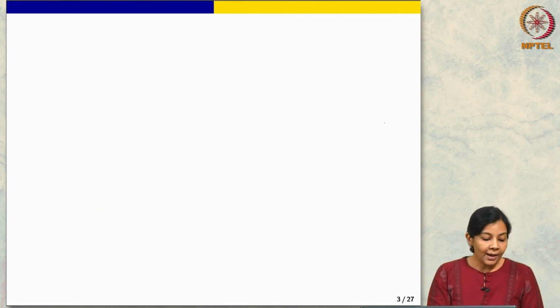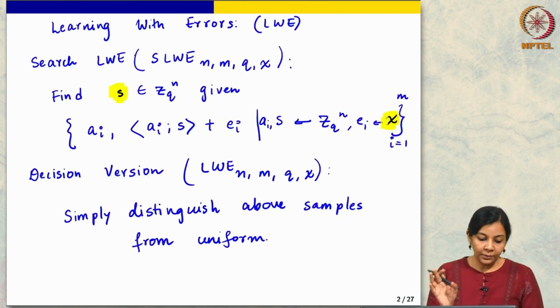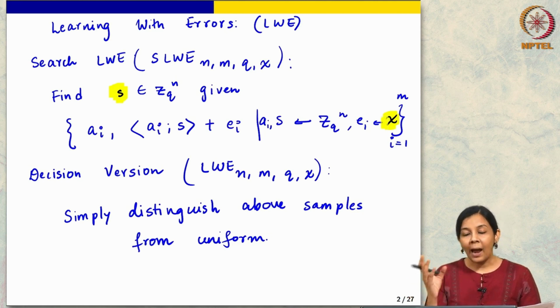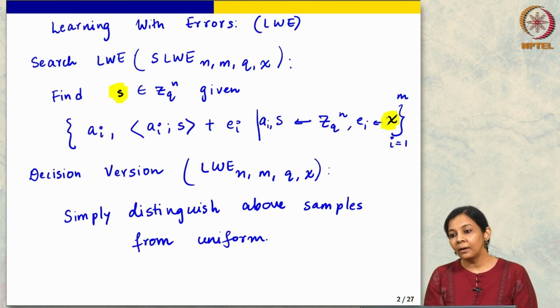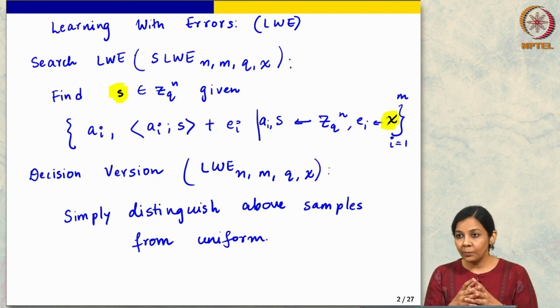Now, this chi I was talking about, for the moment I am not going to define it. So, even last time I said that you can think of it for simplicity to just be 0 and 1, like sampling the error from, let us say, -1, 1 or 0, 1. This distribution actually matters when you do these reductions between learning with errors and these classic lattice problems like SVP and so on, shortest vector problem and so on.